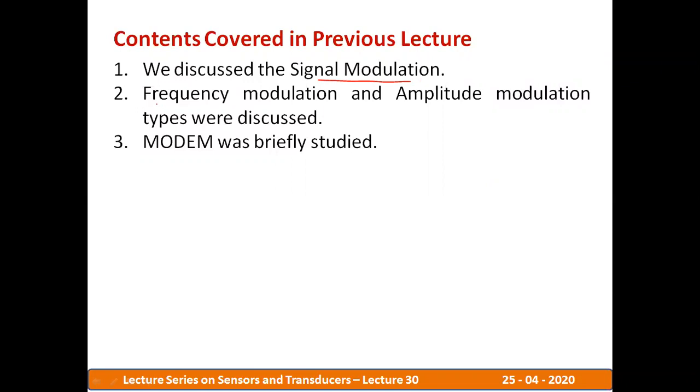Out of three, we discussed frequency modulation and amplitude modulation types. Later, we also discussed briefly the working of a modem. A modem is nothing but a modulator and a demodulator. It functions as both modulator and demodulator.